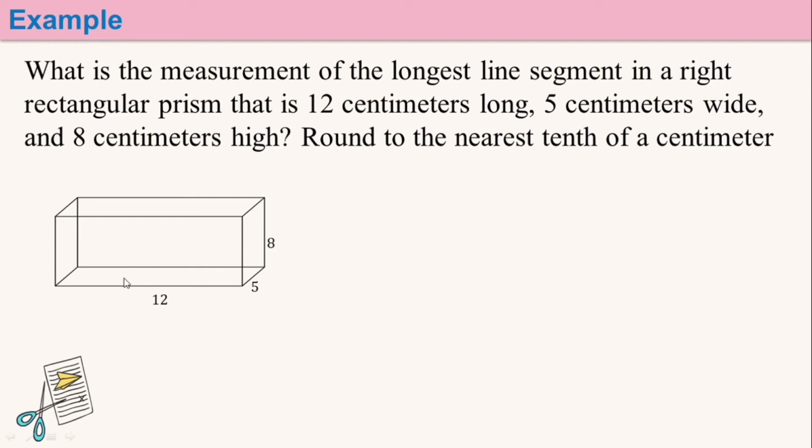Okay, so now that we have this labeled, let's find it. Remember, this is a two-part three-dimensional problem. We've got to find the bottom diagonal first, so that means this 5 and 12 are our legs. First, draw this triangle out, like this. We've got a squared plus b squared equals c squared.